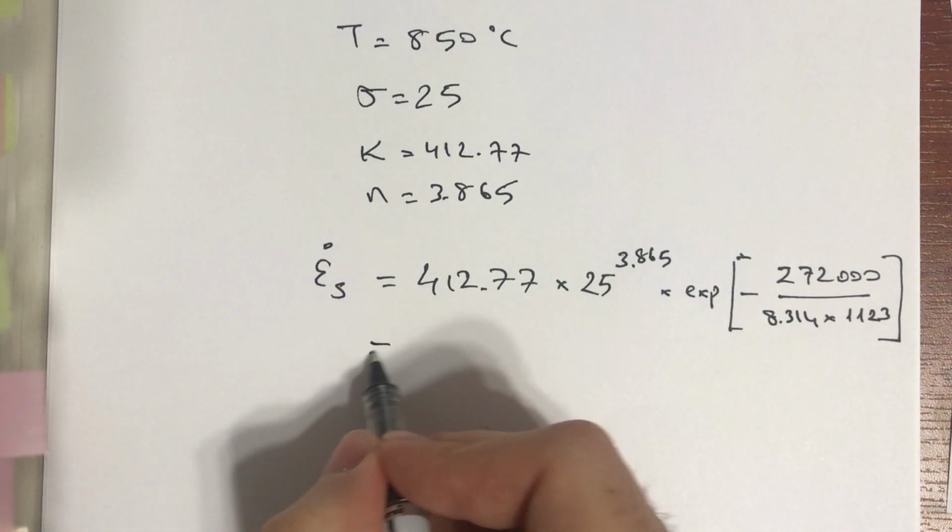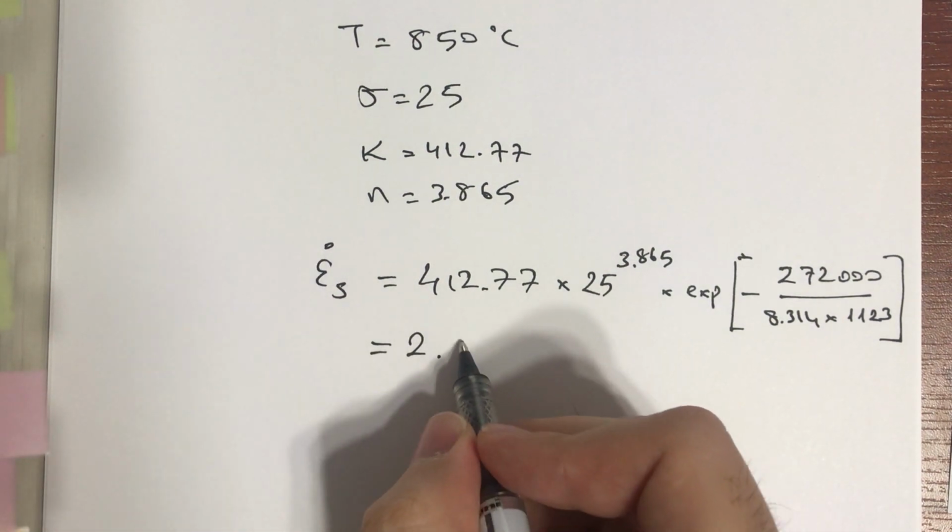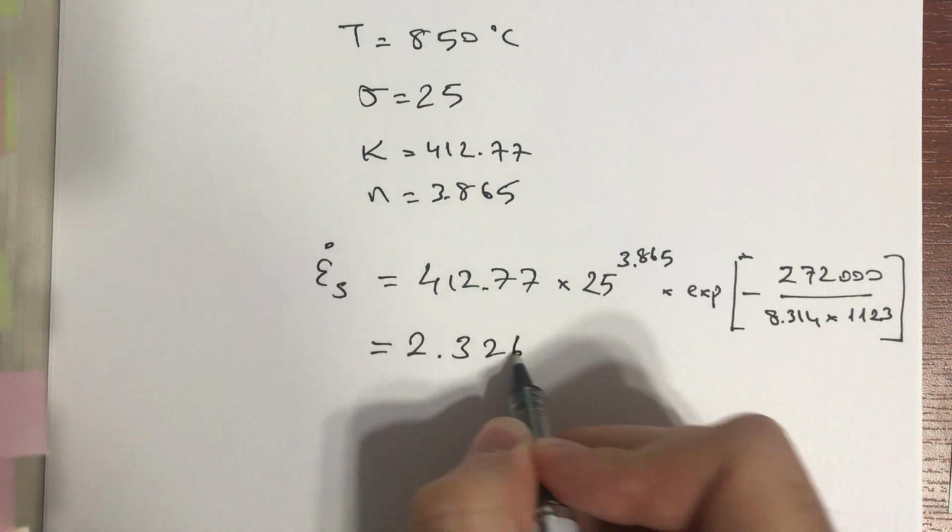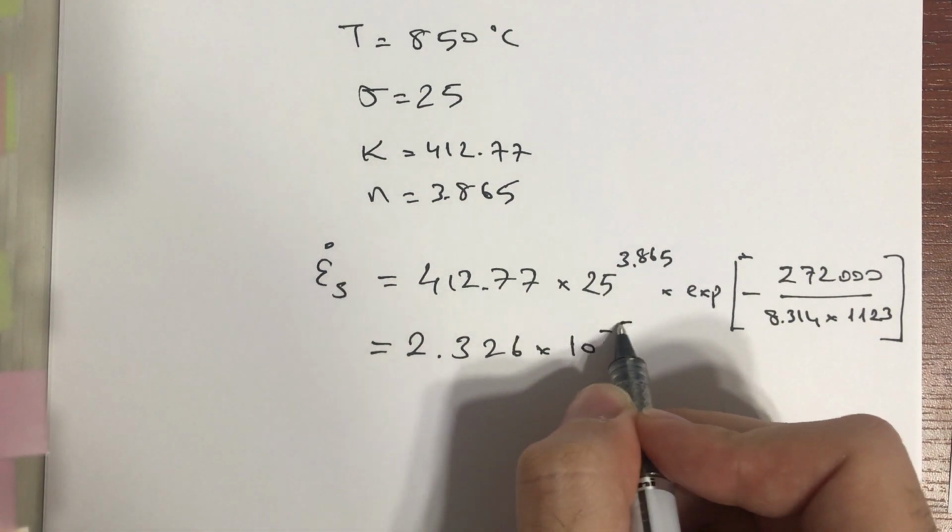If you calculate this, you will get a steady state creep rate of 2.326 times 10 to the power minus 5.